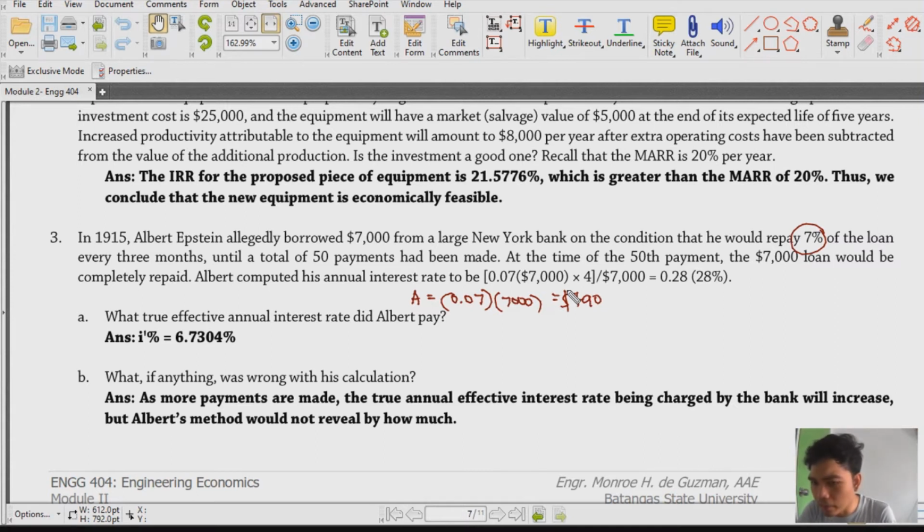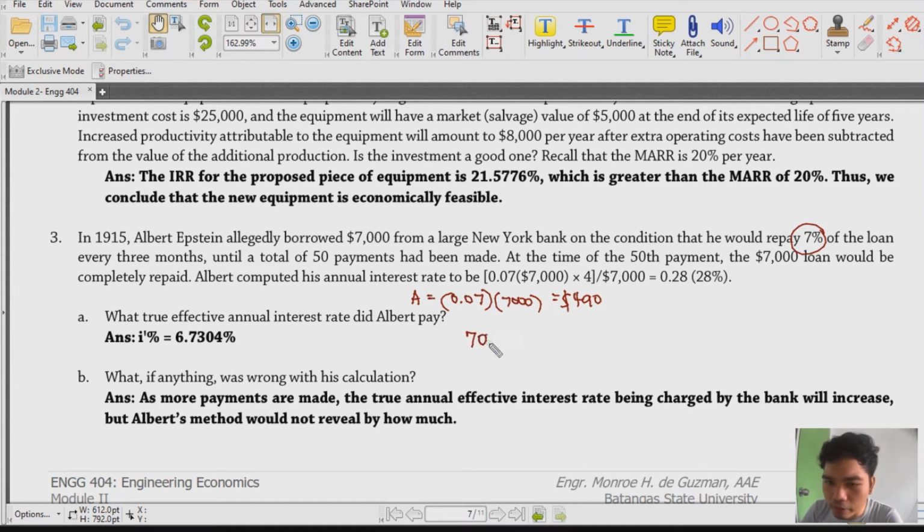But basically, since napakalaki ng interest na pinataw, we have to make sure na 490 yung binabayad niya, 50 payments in total. So, walang problema kung ilang months ba yun, basta we have to make sure that that's 50. So, with that being said, ano ba yung totoong annual interest na binabayad niya?